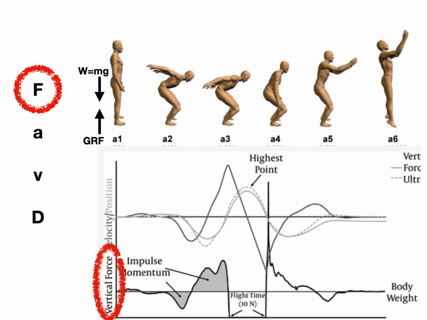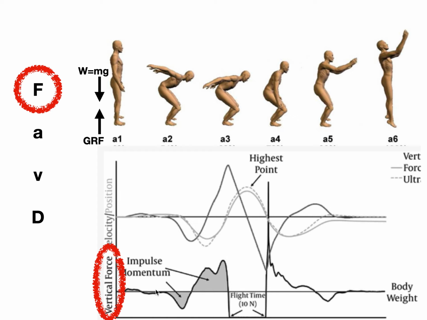Okay, so for this force, we're talking about net force. And if we want to draw a free body diagram for this human, you can see there are two forces. The first one is the weight of the subject. The second is the ground reaction force that we'll get from the force plate data. And this graph is representing the net force.